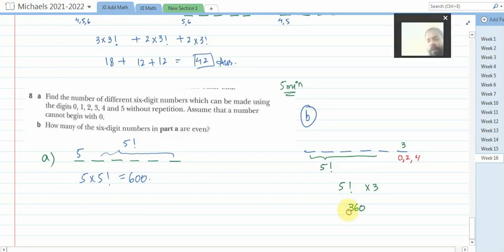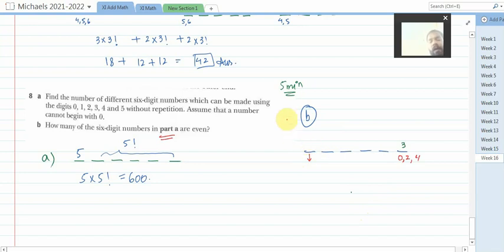Alright, but there is one slight mistake here. And what is the mistake? Since it is mentioned in part A that the number cannot begin with 0, for the first place we cannot include 0. So for the first place we have all the 5 numbers except 0, right?